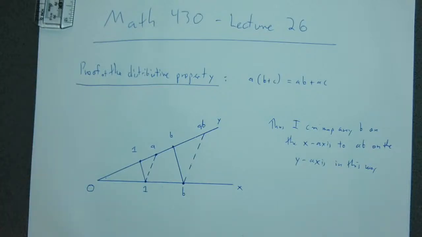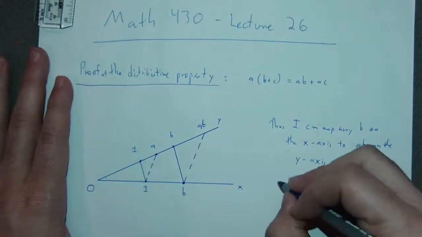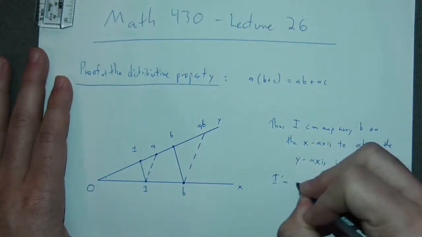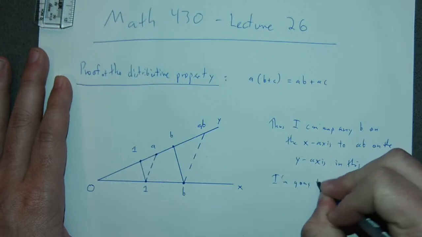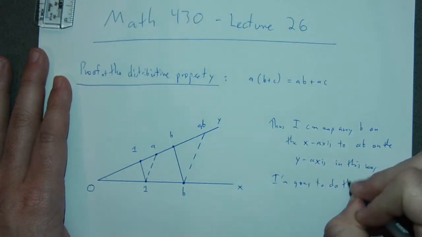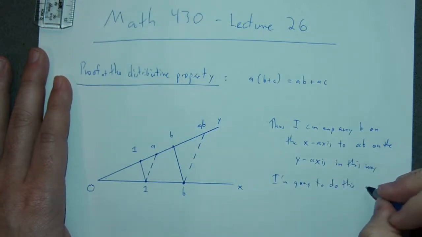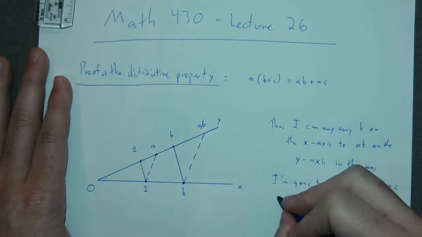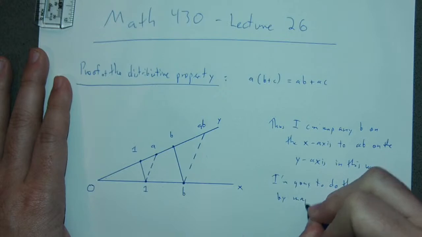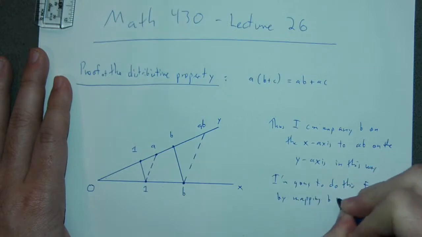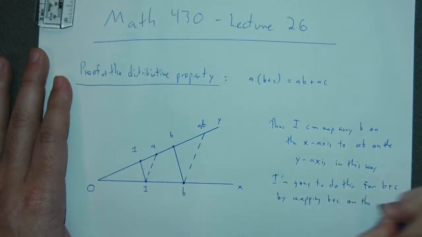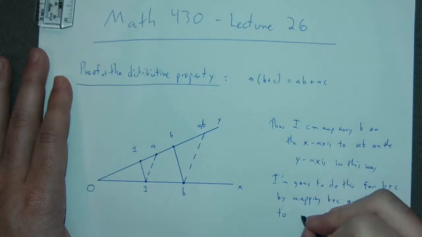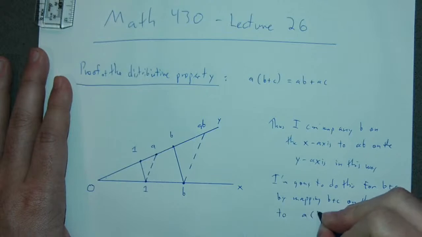So I'm going to ultimately do this for B plus C by mapping B plus C on the x-axis to A times B plus C on the y-axis.